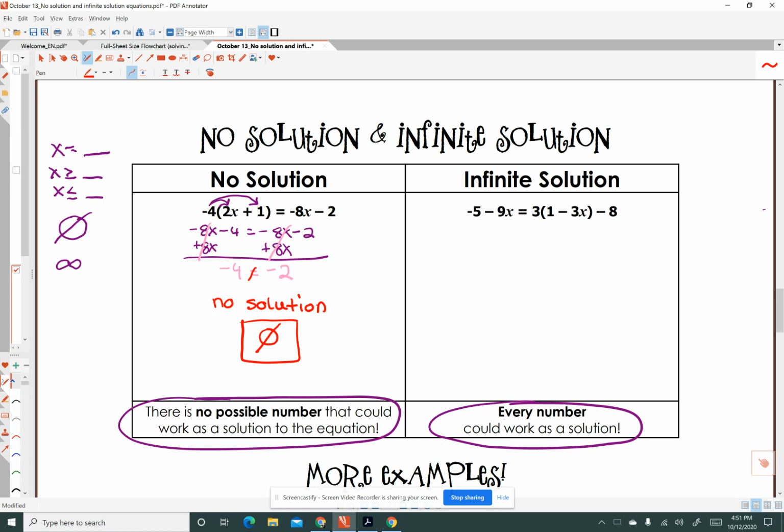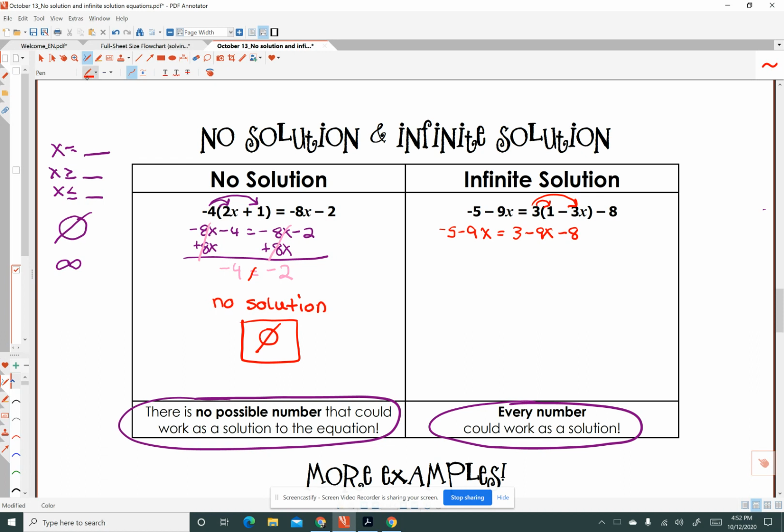So let's look at an infinite solution equation. So I see that I'm going to have to distribute on the right side of the equation to solve this equation. So I'll start out on the left side with negative 5 minus 9x equals 3 times 1 is 3, minus 3 times 3 is 9x, minus 8. So let's take a look at this. I think what I want to do is combine like terms.